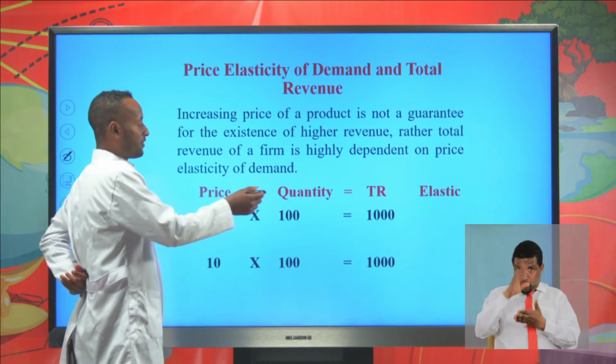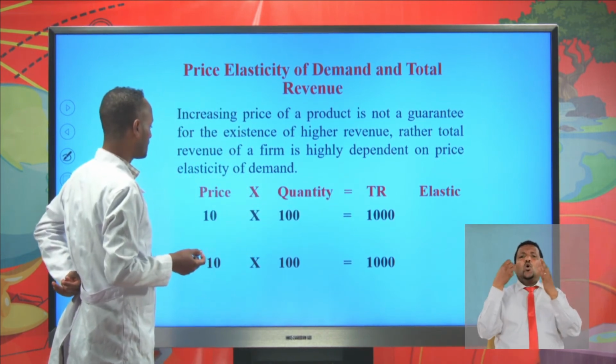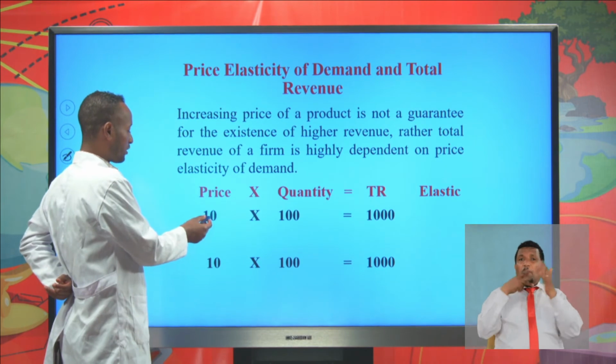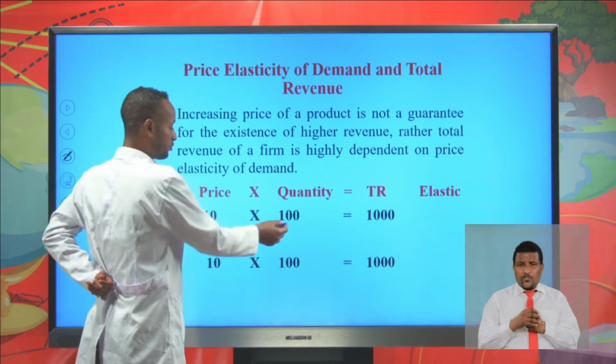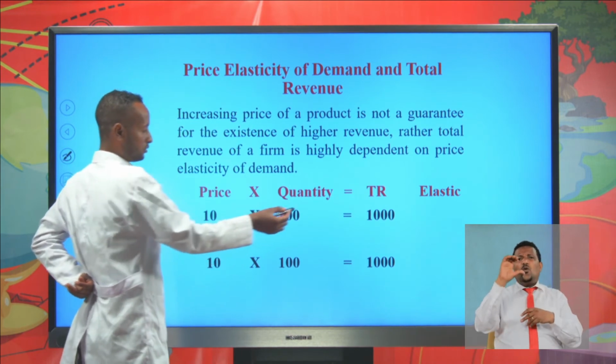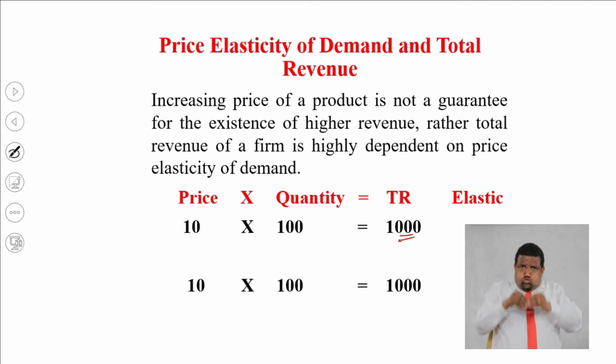The total revenue of the firm is calculated by multiplying price with quantity. Here, if the price of a kilogram of something is 10 birr and the firm sells 100 kilograms, then the total revenue will be 1000 birr. Now let me show you when the buyer is elastic. If he is elastic, with a little increment in price from 10 to 11, the decline in quantity demanded is larger.